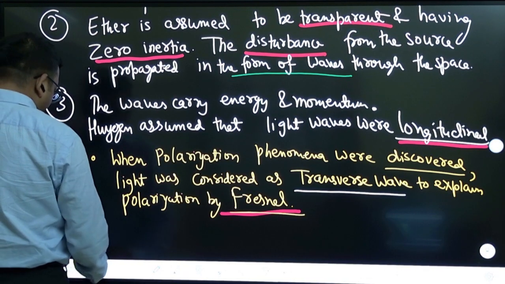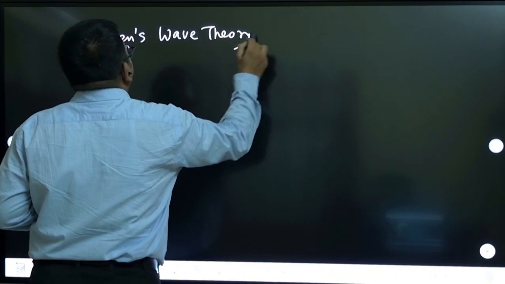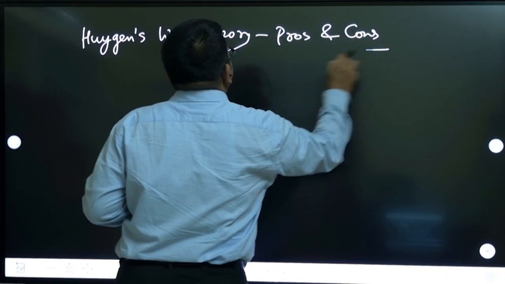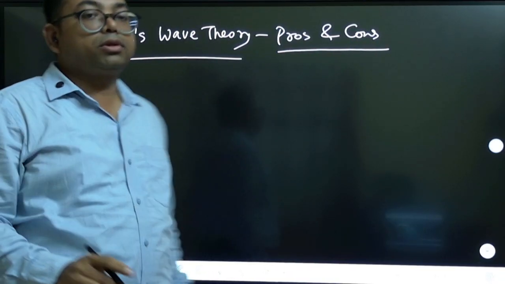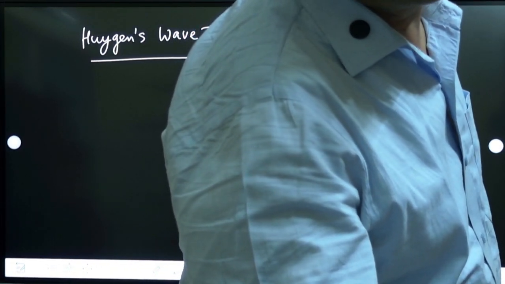Okay, let us write some pros and cons in this theory. Huygens wave theory, pros and cons. Pros and cons means some advantage, some disadvantage, but mostly it was accepted.